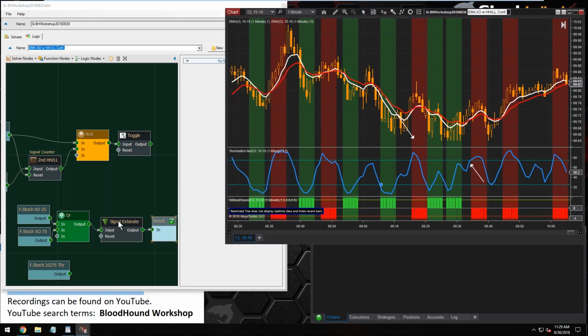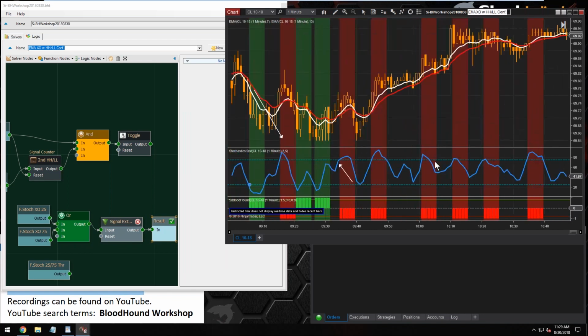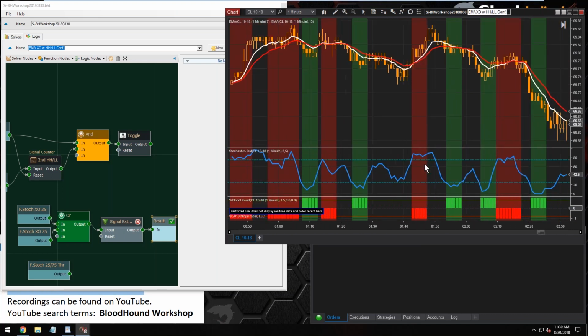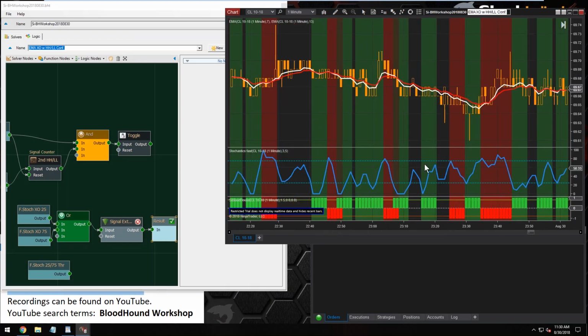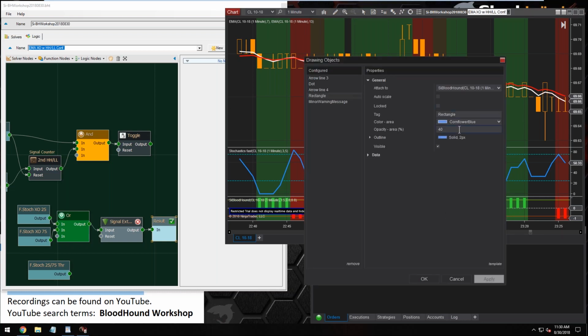And so now let me explain why I'm using the signal extender. Let's see if I can find an example here. Yep, here's an example. You'll notice right here we have a long and a short output.